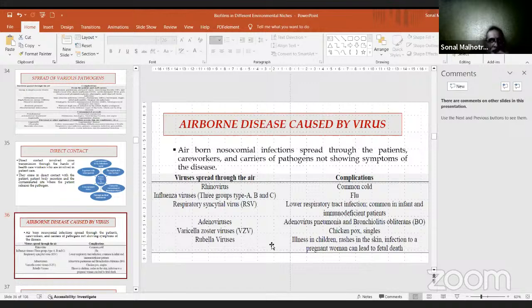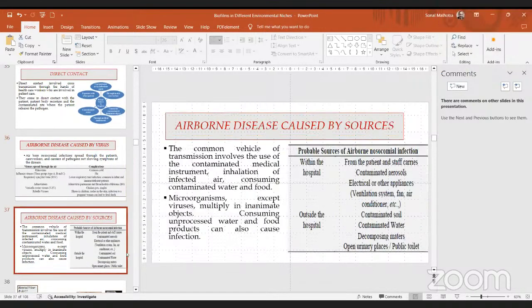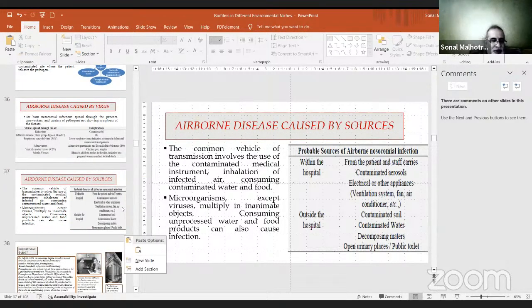So you have to be mindful of those diseases. And here also you have airborne nosocomial infection within the hospital. Basically it's a repeat of the same slide, so I'll skip that. And I wanted to go to this slide because this describes Legionella.